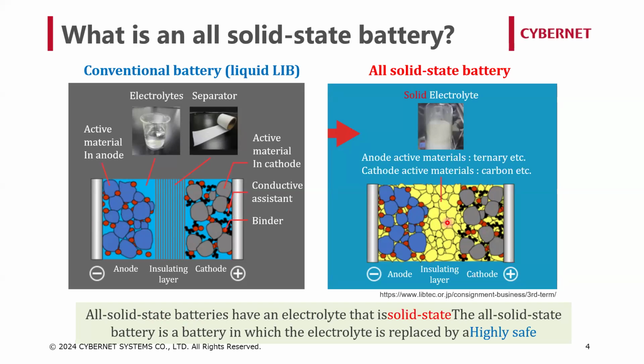However, we can't achieve good quality even if we simply place this solid electrolyte in the bulk state between the electrodes. This is since solids cannot change shape as freely as liquids, and thus cannot provide good ionic pathways.